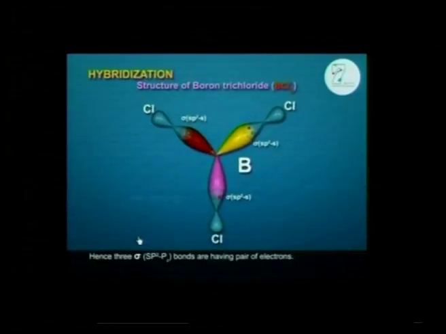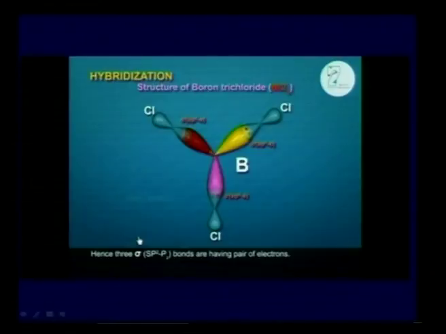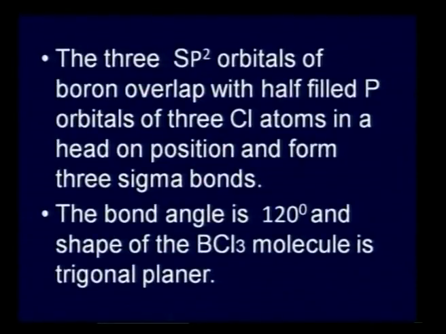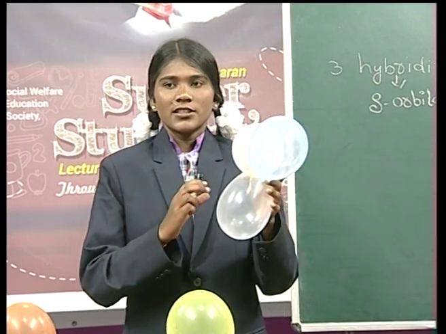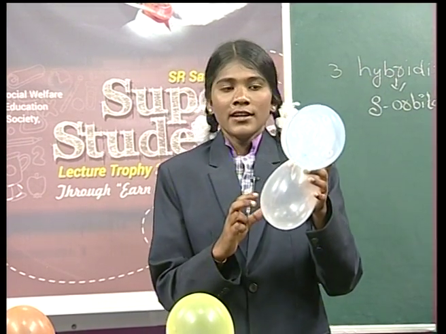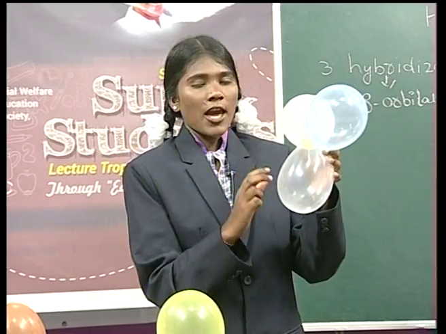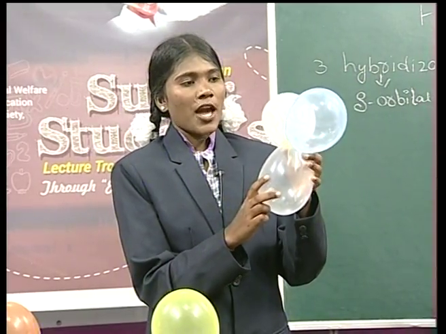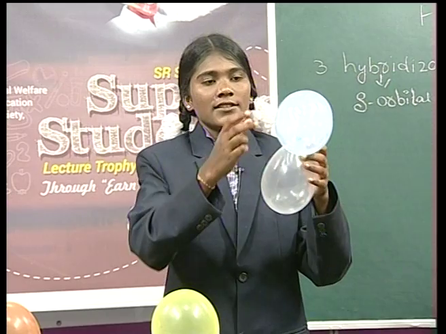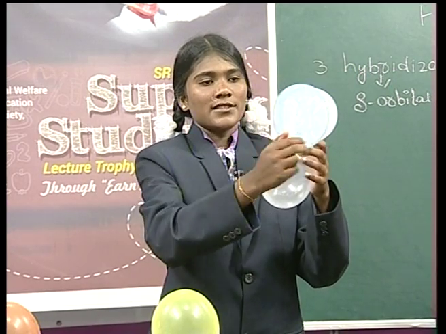Here the central atom is boron. The 3 sp2 hybrid orbitals of boron overlap with the half-filled p orbitals of 3 chlorine atoms in head-on position and form 3 sigma bonds. Observe here, these are the 3 hybrid orbitals in sp2 hybridization, and here the sigma bonds are formed.